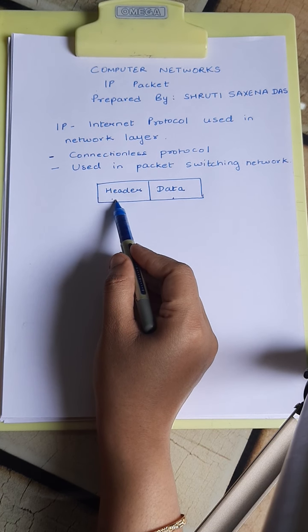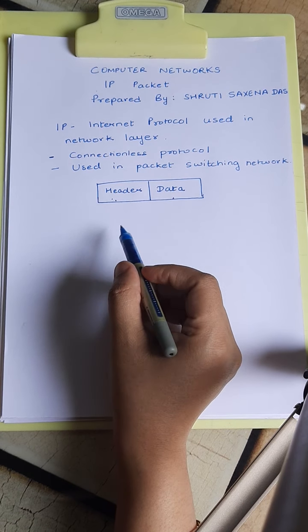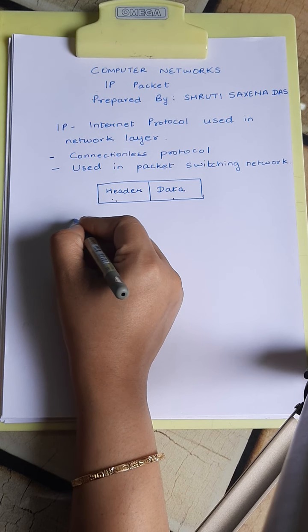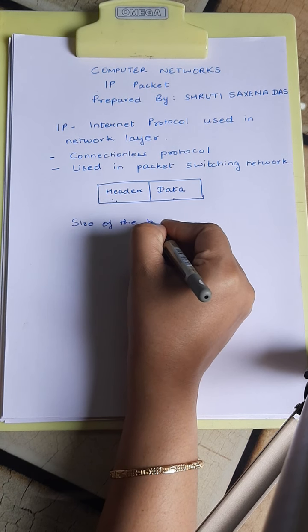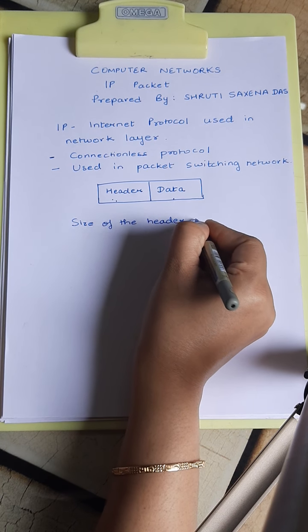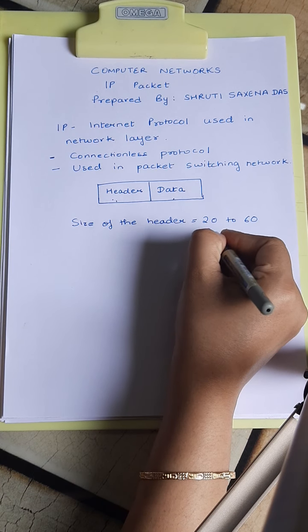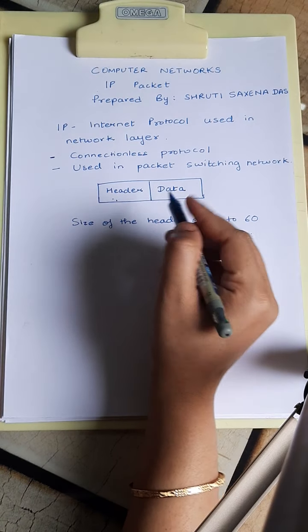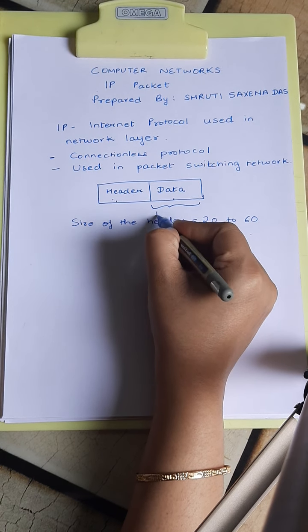This header must contain information about the destination and other information that we'll discuss. The size of the header is approximately 20 to 60 bytes. And whatever data you are encapsulating along with this header is known as the IP payload.